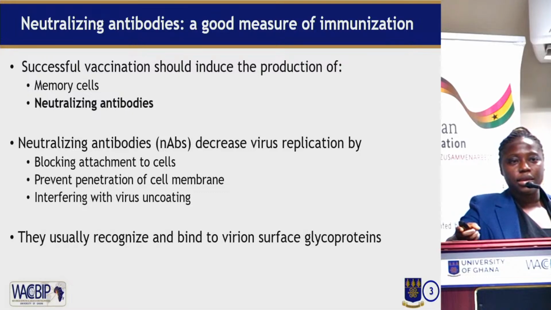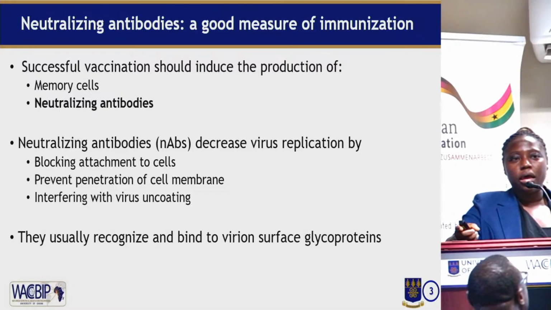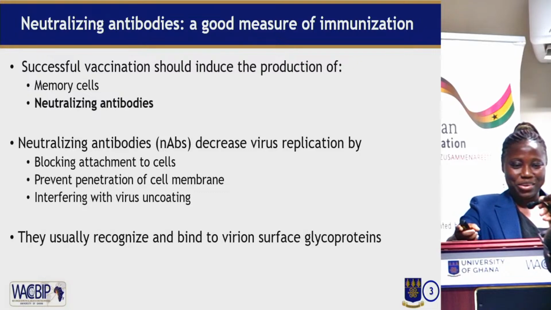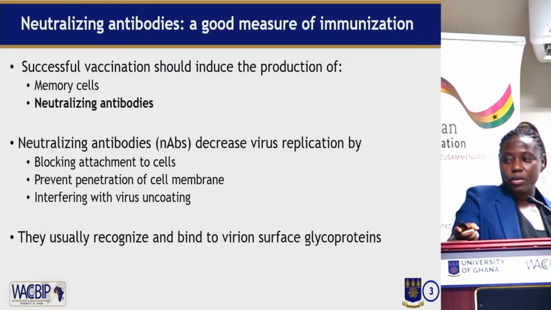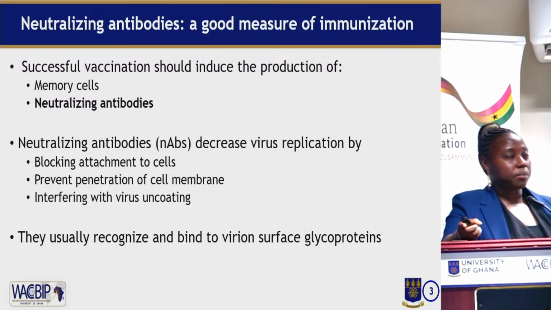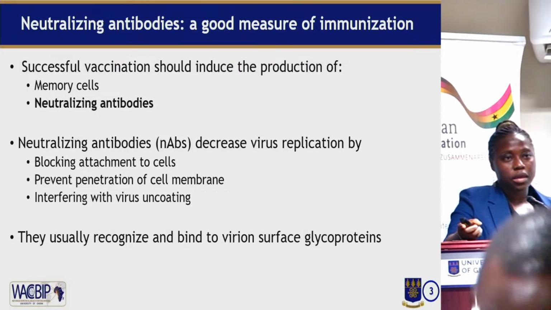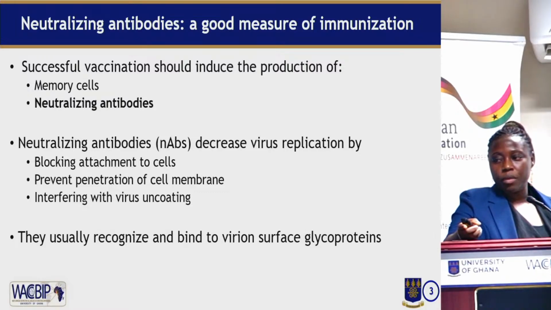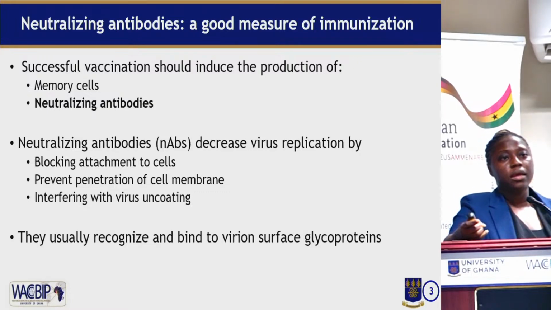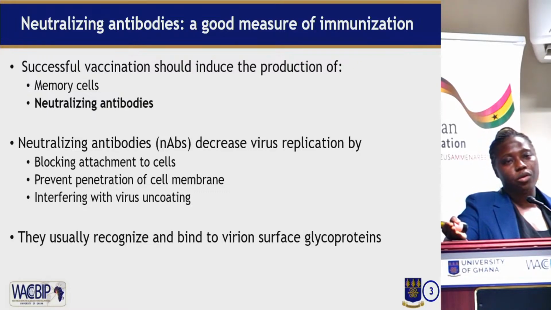So these neutralizing antibodies are able to reduce or prevent viral infection by various mechanisms. They can either prevent the attachment of the virus to the cells for entry, or once the virus has attached, they're able to prevent entry or penetration of the virus.